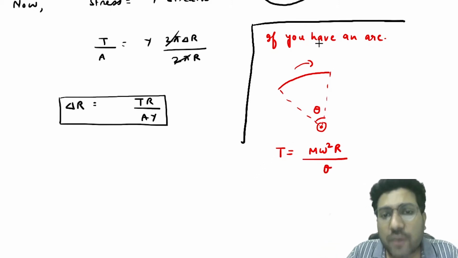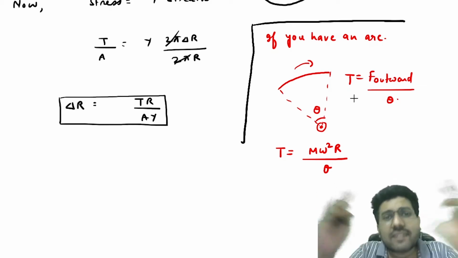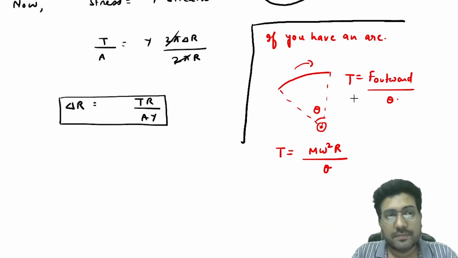So you will say for an arc the tension is F outward divided by theta. For a complete ring, this theta becomes 2 pi.